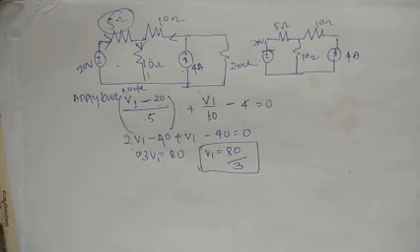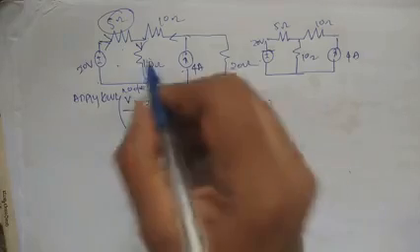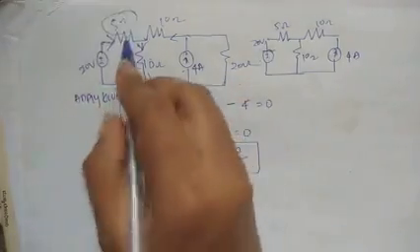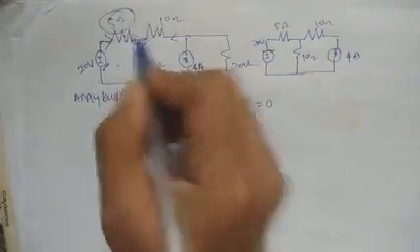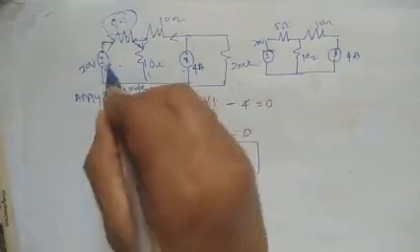Now calculate the V10 value. Sorry for that. V1 minus 20 by 5 plus V1 by 20.